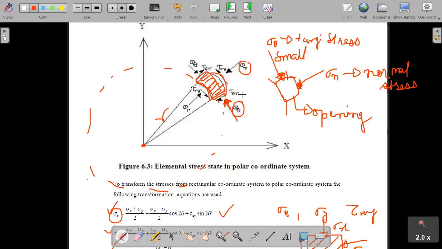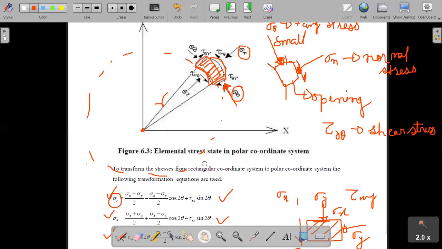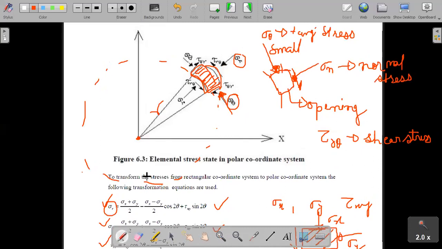And also there will be some tau, meaning shear stress, which is denoted by tau r theta. This is called shear stress. Okay. Is this portion clear to everyone? What is sigma n, what is sigma theta, and tau theta r? Yes, sir. Clear. Okay.